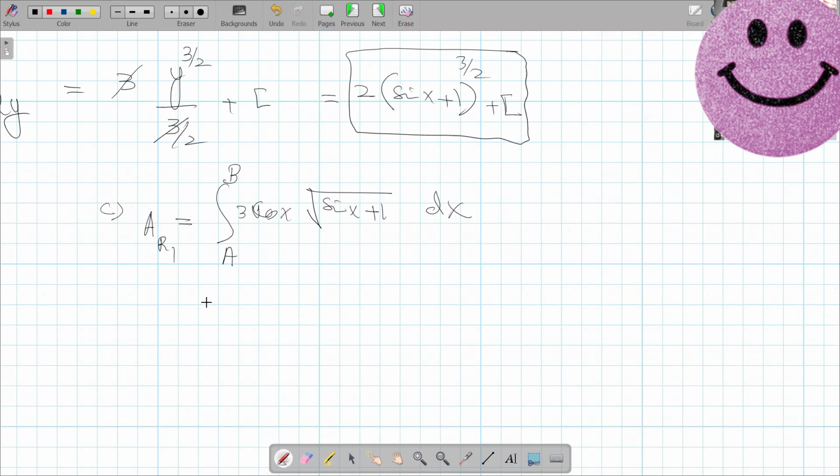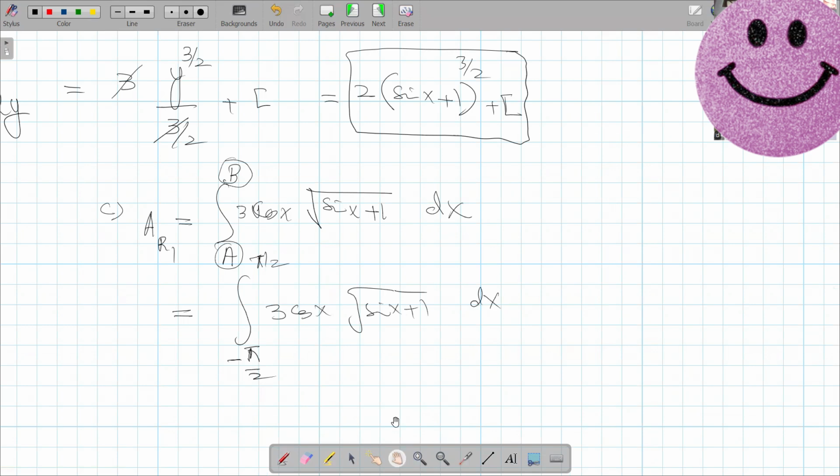What is the value of a? It was negative pi over 2. And what is the value of b? B was calculated in part A. B was pi by 2. And the function is the same, 3 times cos x square root of sine x plus 1.